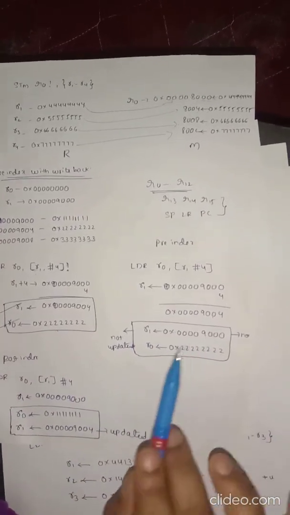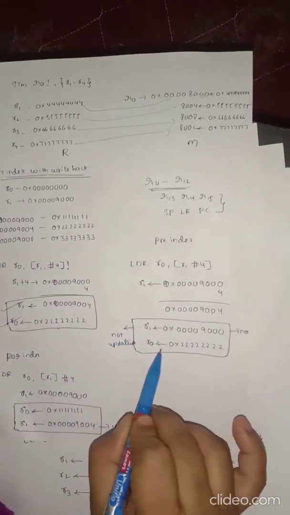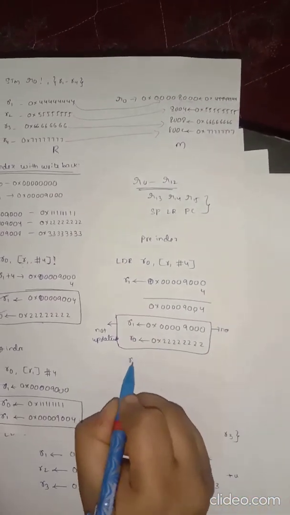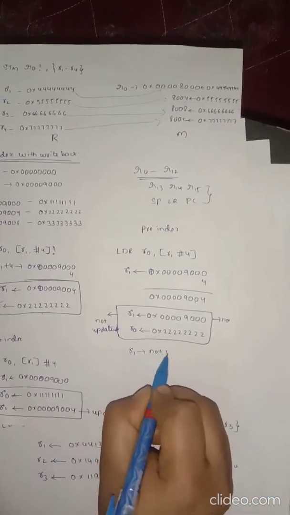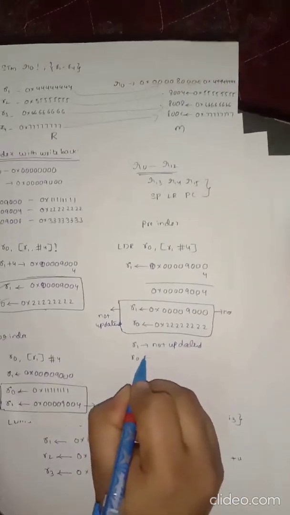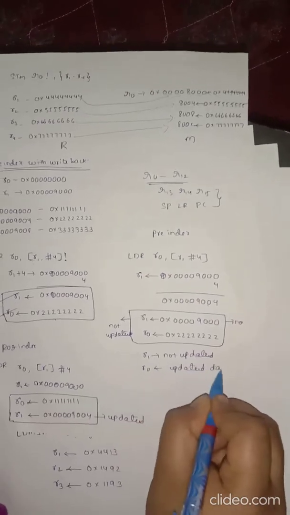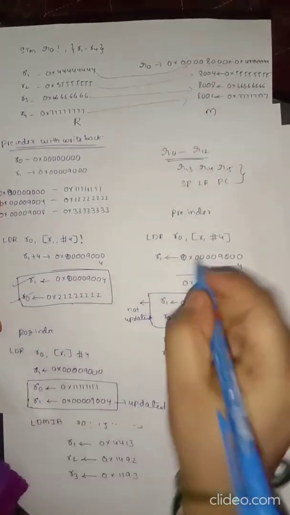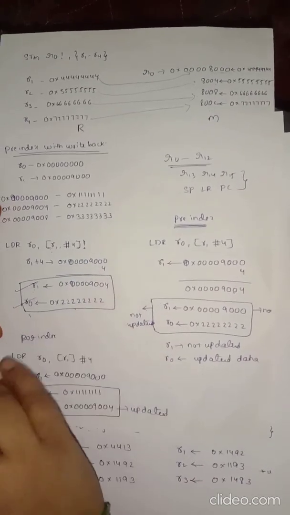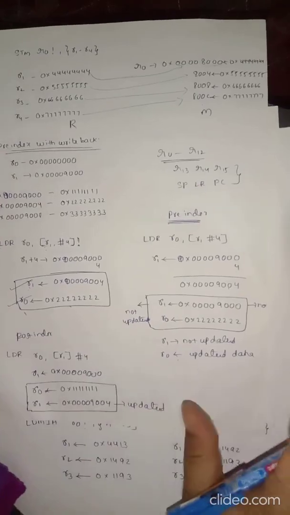It will have only 9000. This is called pre-index. Pre-index means R1 is not updated, but R0 has the updated data. Understood? Pre-index with write back means both will be updated. Pre-index means data is updated, address is not updated.